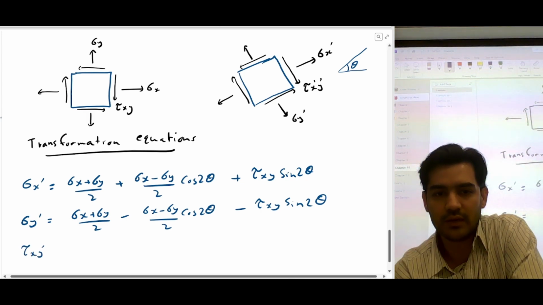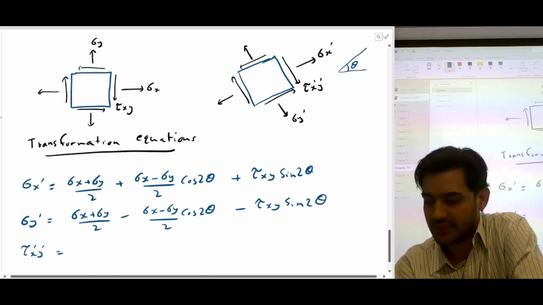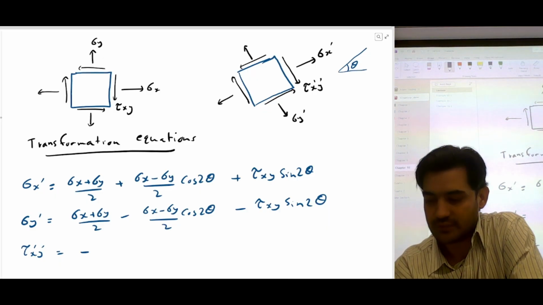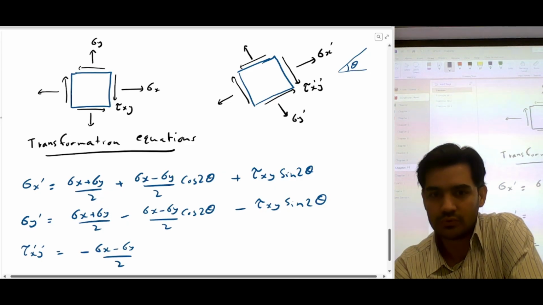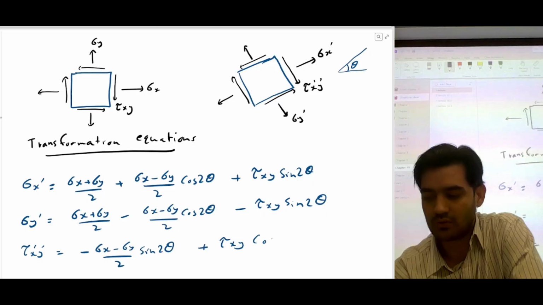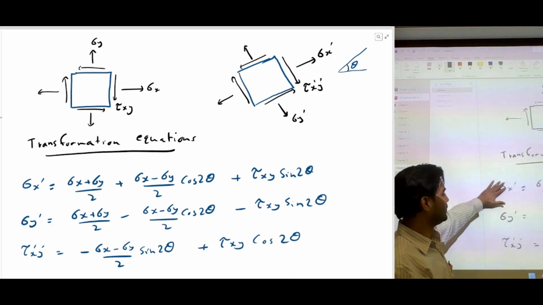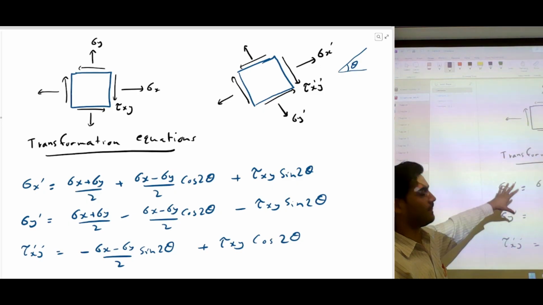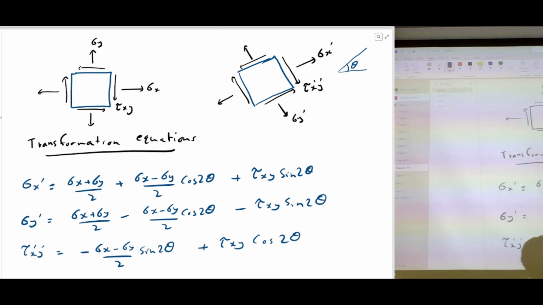Similarly, we can calculate the updated transformed shear stress using this equation: stress x minus stress y divided by 2 times sine of 2 theta, plus tau xy times cos of 2 theta. So we can use these three equations and come up with any stress element rotated along any angle.